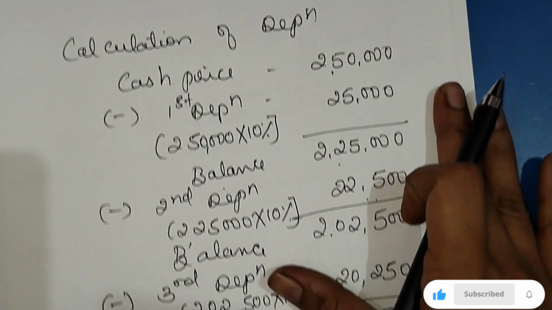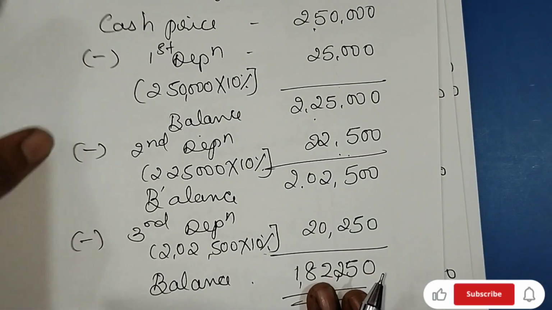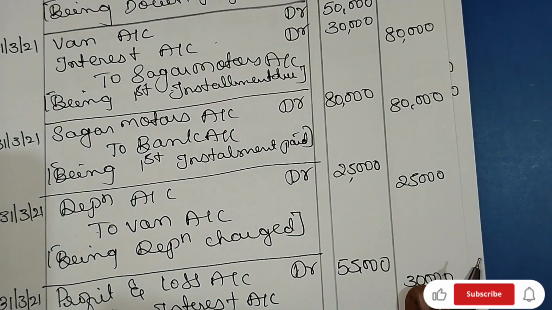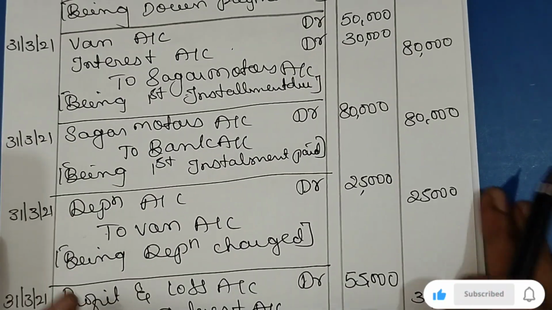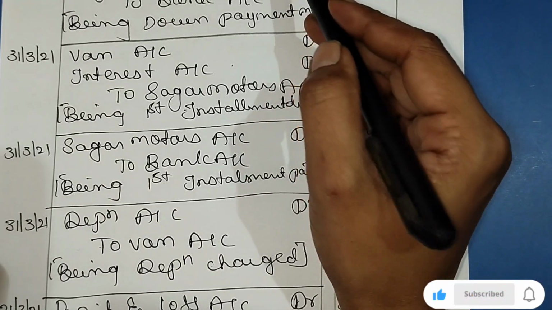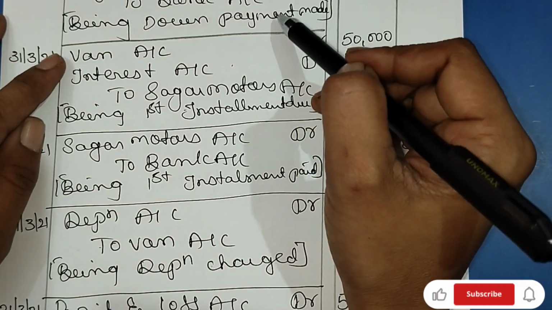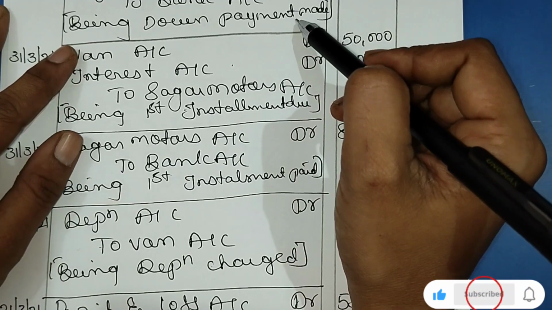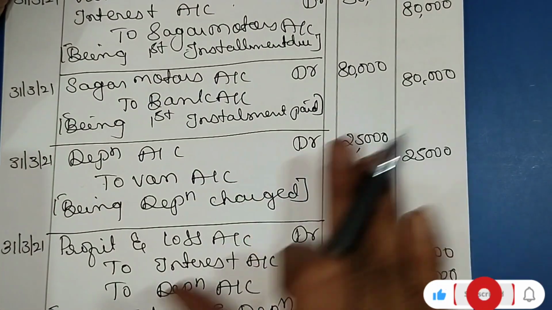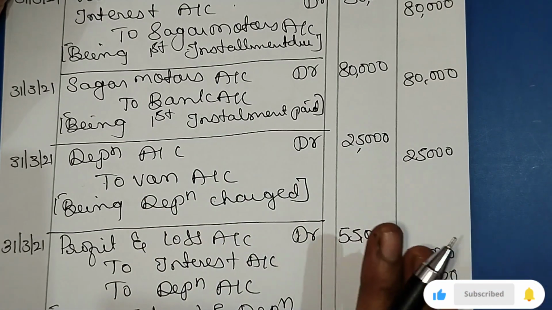After that, we calculated depreciation under the diminishing balance method. Then we passed entries. The first entry is the down payment entry. One entry is the due entry, another is the payment entry. Each installment the entry remains the same, so don't memorize, try to understand.